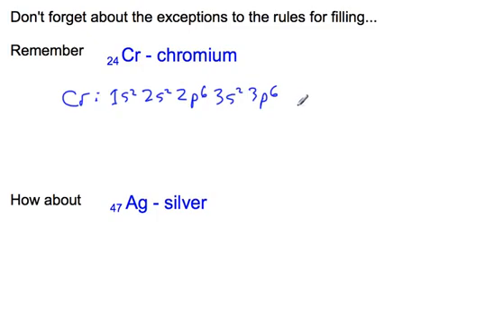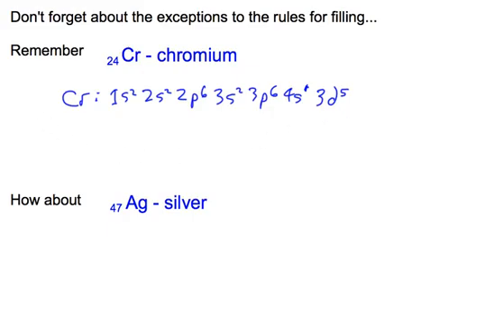Now remember, chromium has 6 more electrons to go. Argon has 18, we have 6 more, and the exception is that the s subshell only has 1 electron, so 4s1, and the 3d subshell is half-filled, 3d5. So again, there's an electron configuration for one of the exceptions we talked about in the previous video.